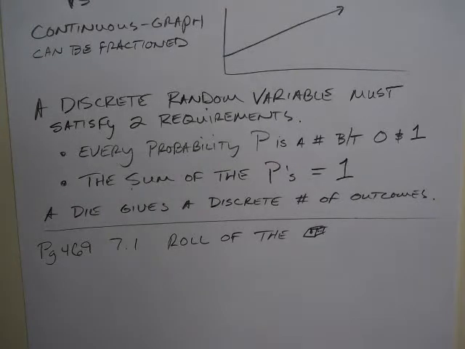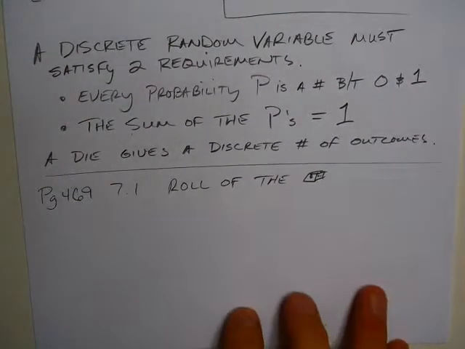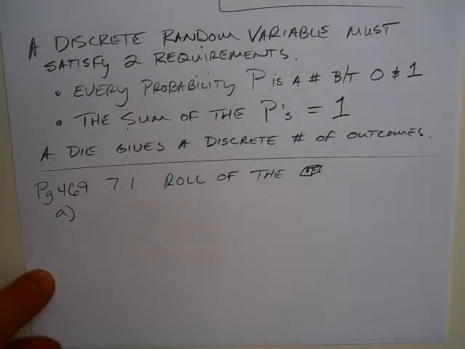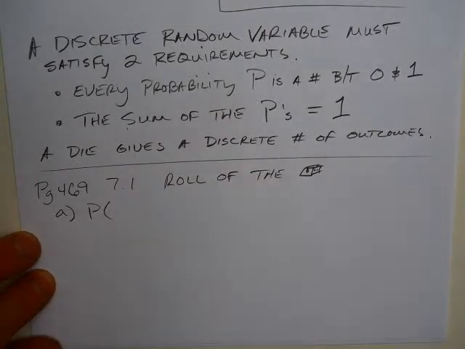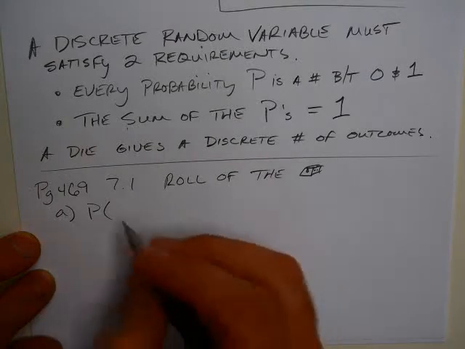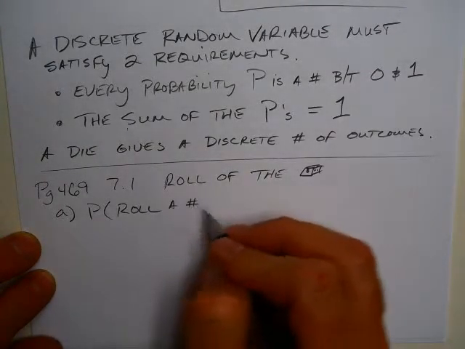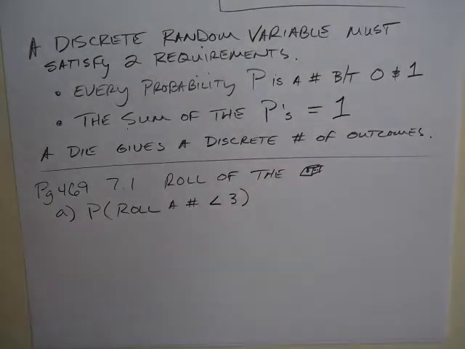The first question, A, is what's the probability that we roll a number less than 3? So what are the possible outcomes that are less than 3?